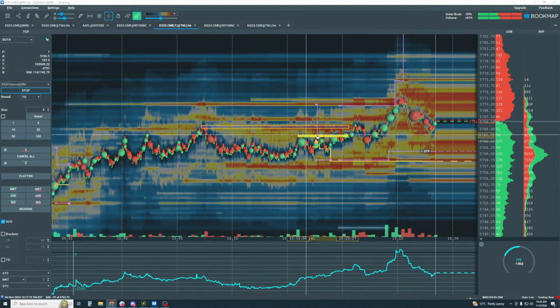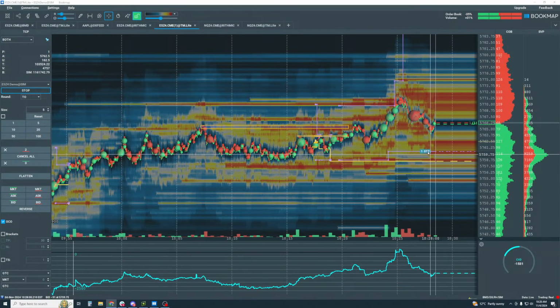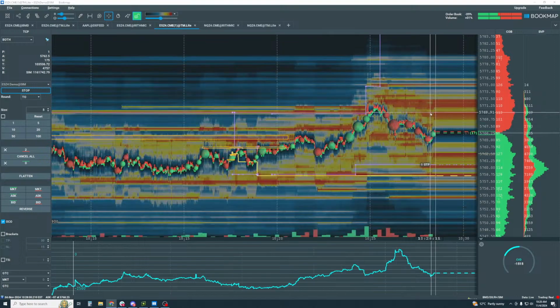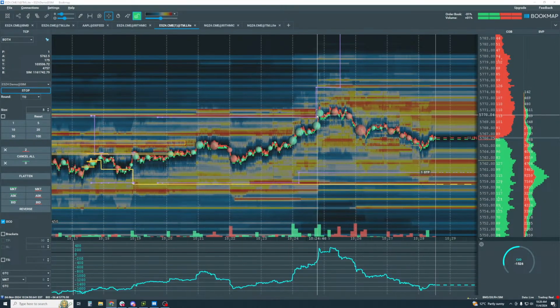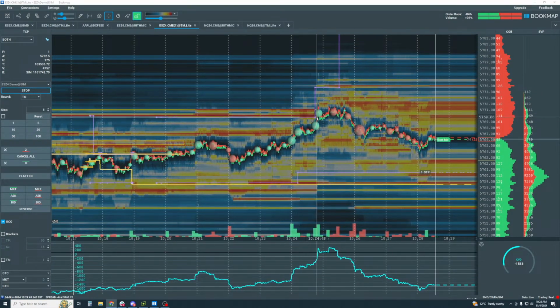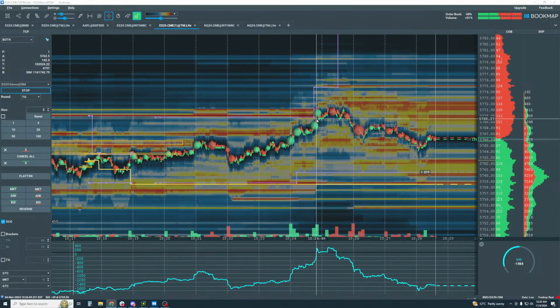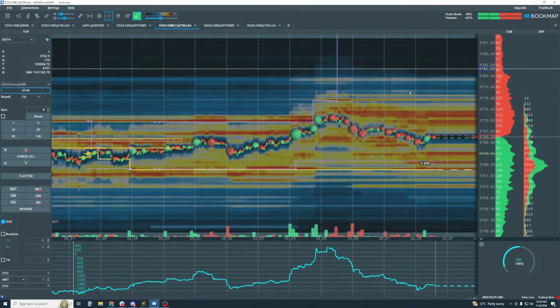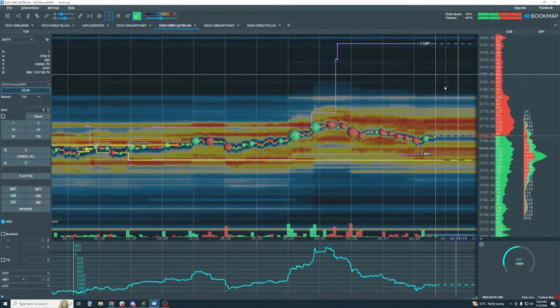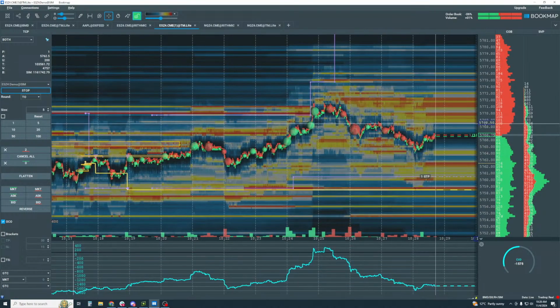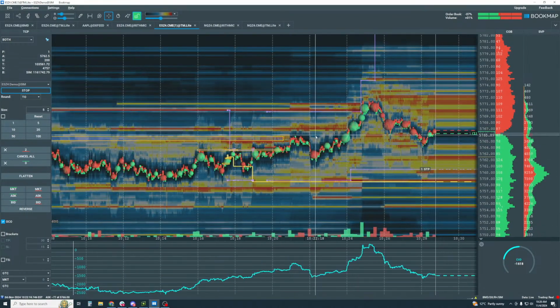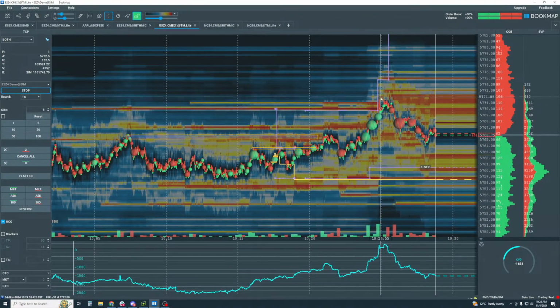Well, we took some profit, we paid ourselves, and now we've got a runner. It would have looked like a pretty good idea to take some profit up here as well, but then we moved it. But this is the idea: we already paid ourselves, right? So we're still bullish. We're still looking for taking this higher.